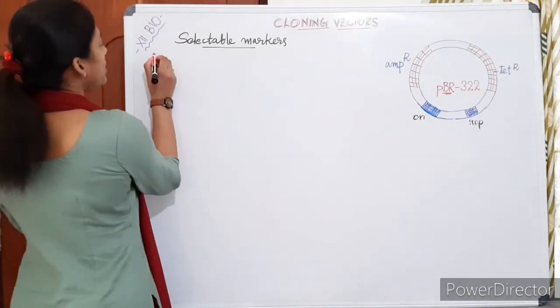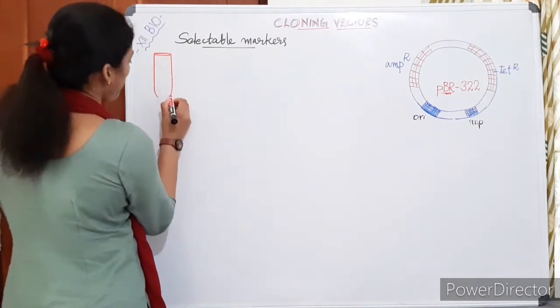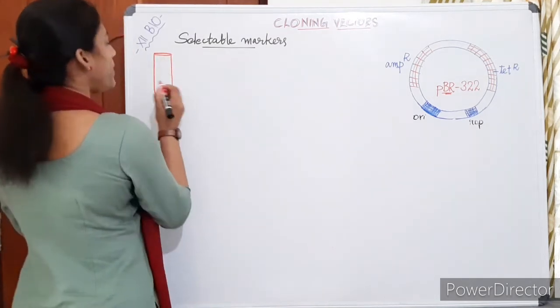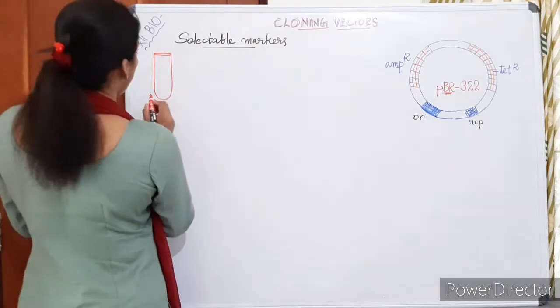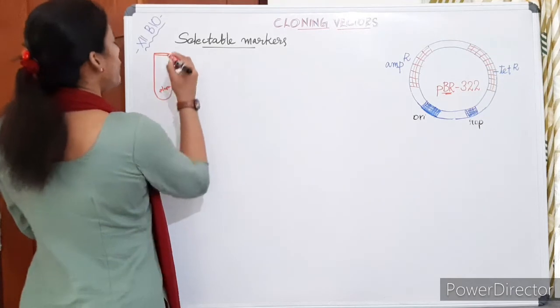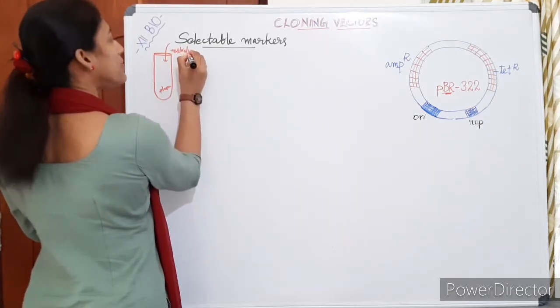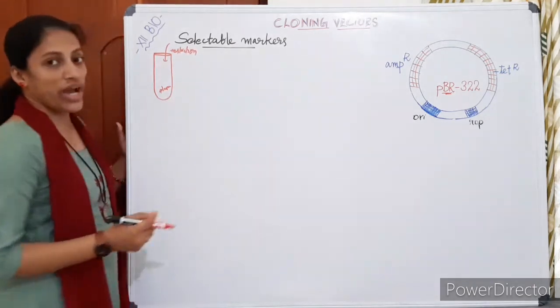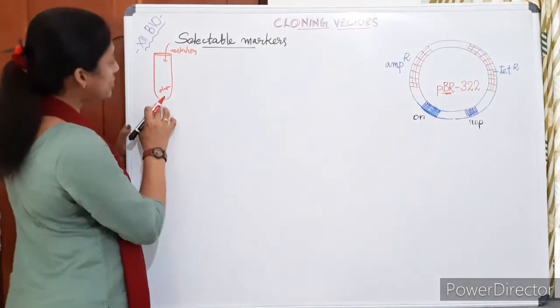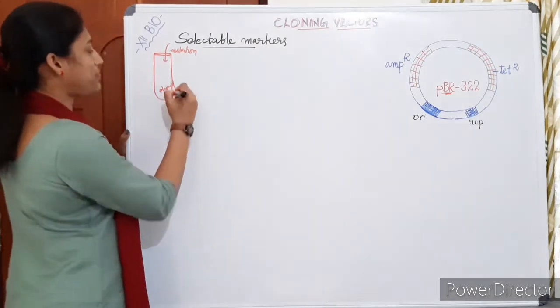So, suppose in a test tube we have taken certain plasmids, and we have added restriction enzymes to that.